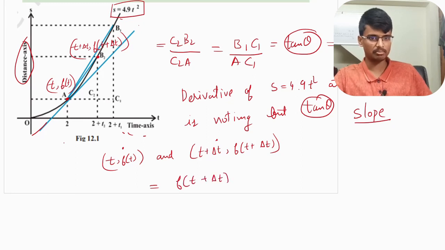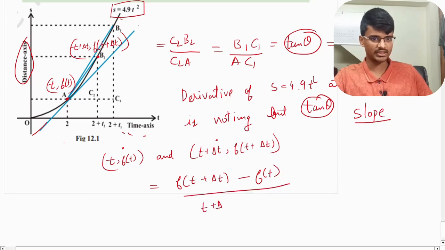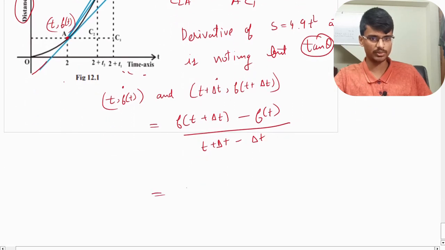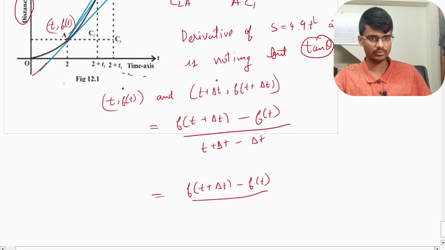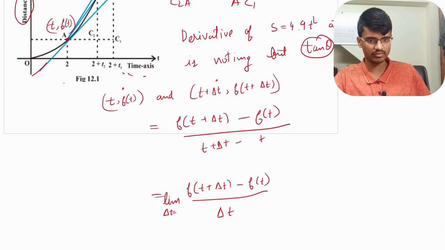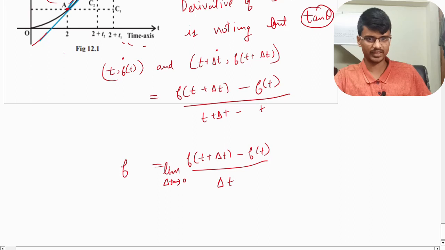The slope is f of t plus delta t minus f of t divided by t plus delta t minus t, so delta t. And here I have to put a limit as delta t tends to 0, then we'll get the accurate value. So this is the derivative, f dash of t, given by this.